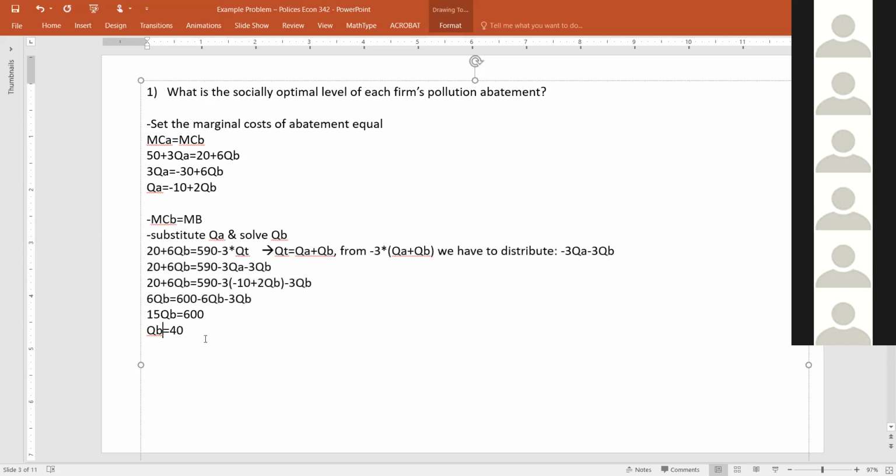What I'm going to do here is put an asterisk because this is the optimal, so QB star. One of the things that might be confusing here is I'm being a little loose with subscripts. I'm using lowercase rather than subscript, just because I'm typing live. But all these lowercase letters, imagine that they're subscript, if that helps.